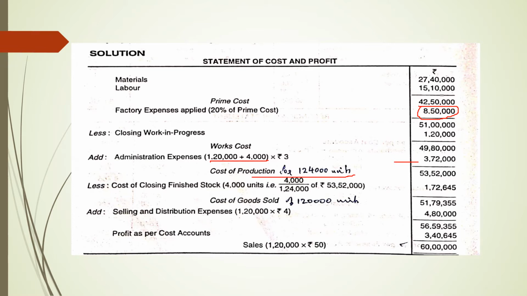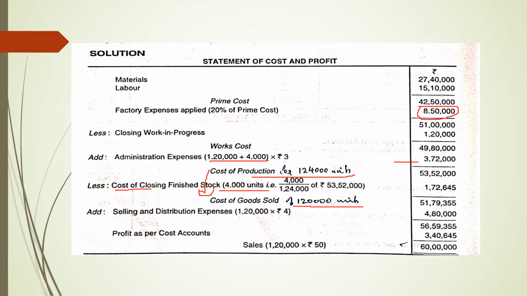So the sales units become only 1,20,000. Therefore, to calculate the cost of goods sold for 1,20,000 units, we have to deduct the cost of the 4,000 units closing stock from the total cost of production.